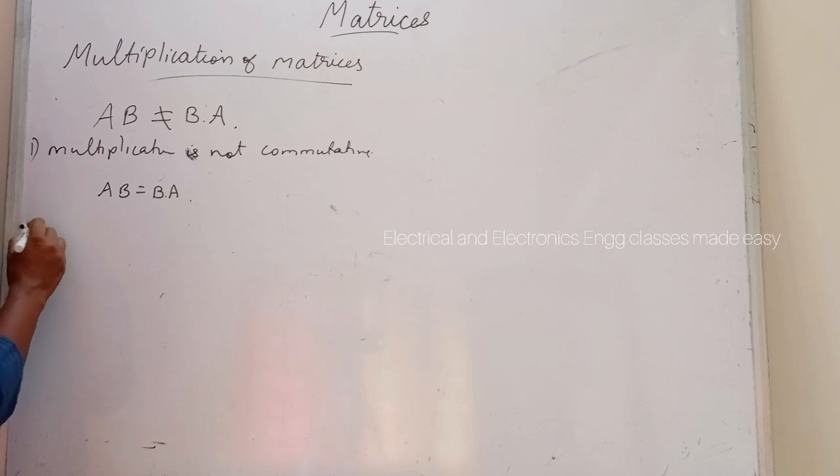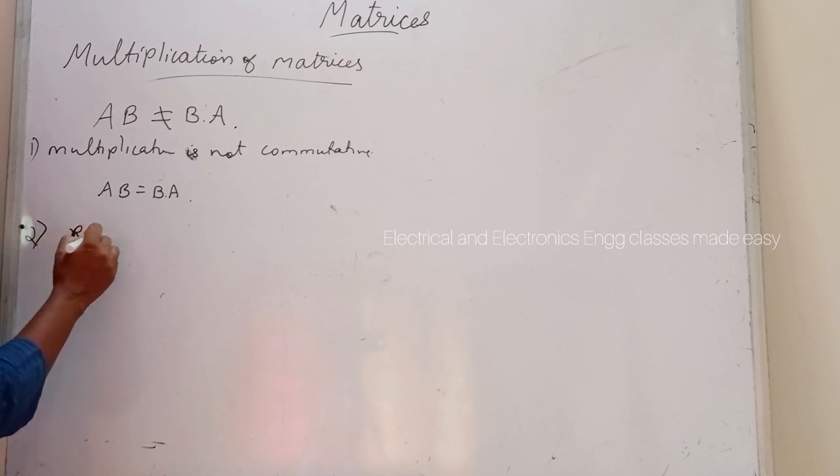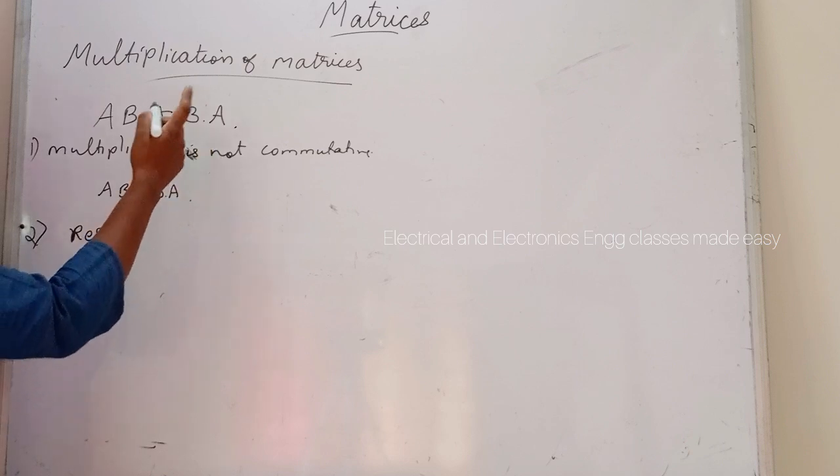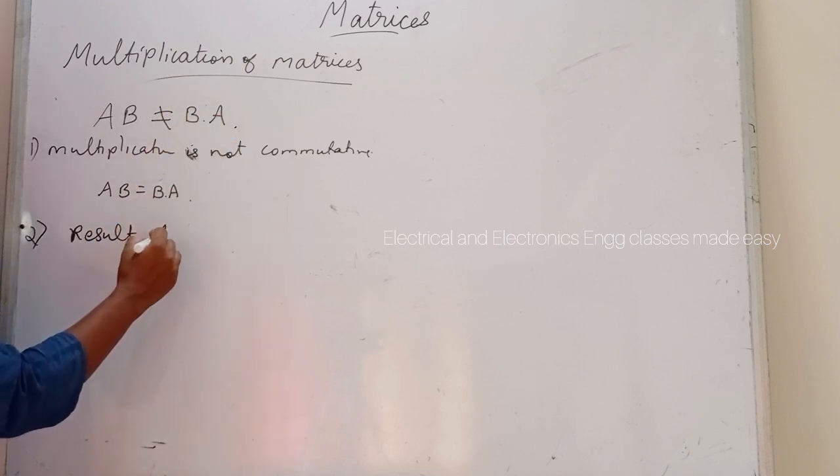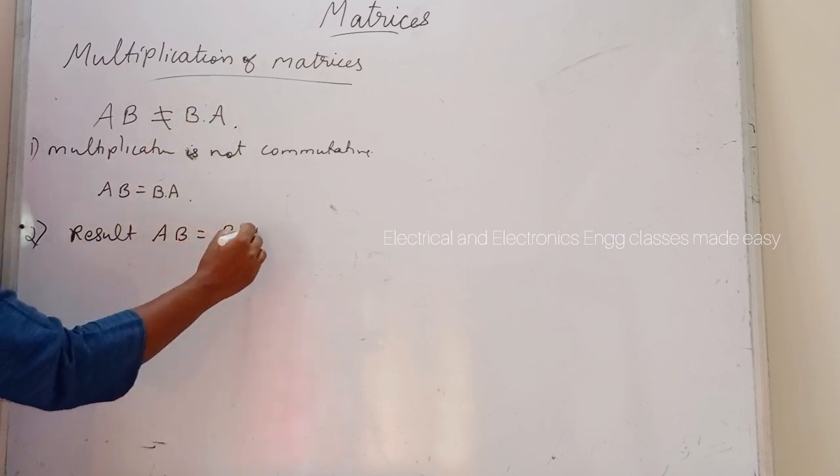Similarly, in some cases, we get the result of multiplication of two matrices as the zero matrix.